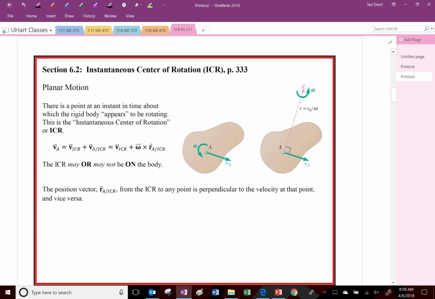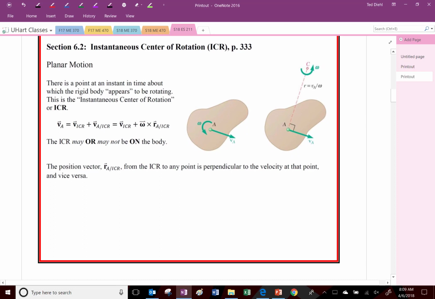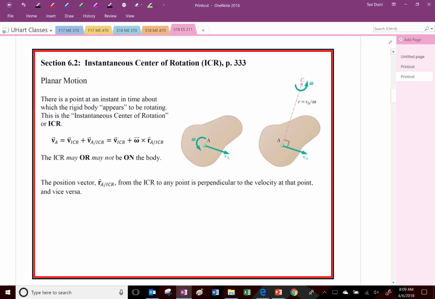All right, so the instantaneous center of rotation is like this magical point. At any particular instant, there's going to be a point about which it can appear that this translating and rotating piece is actually only rotating about that fixed point.